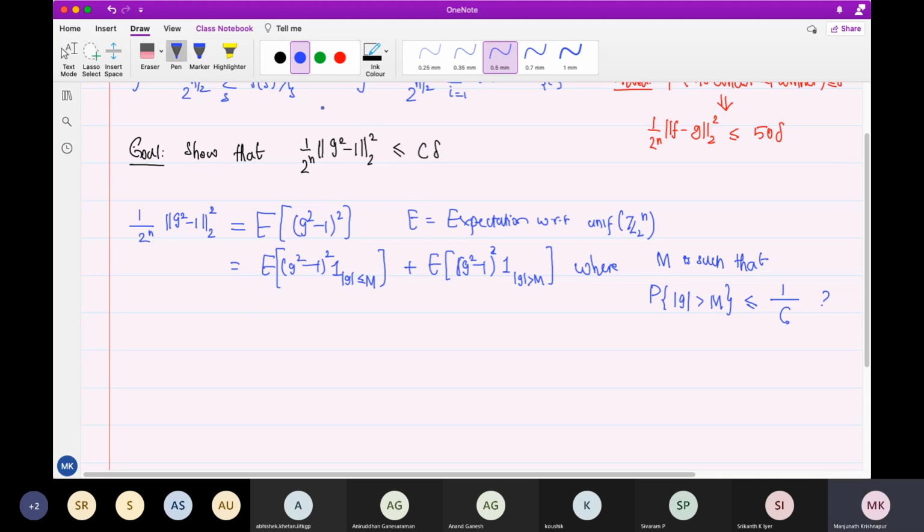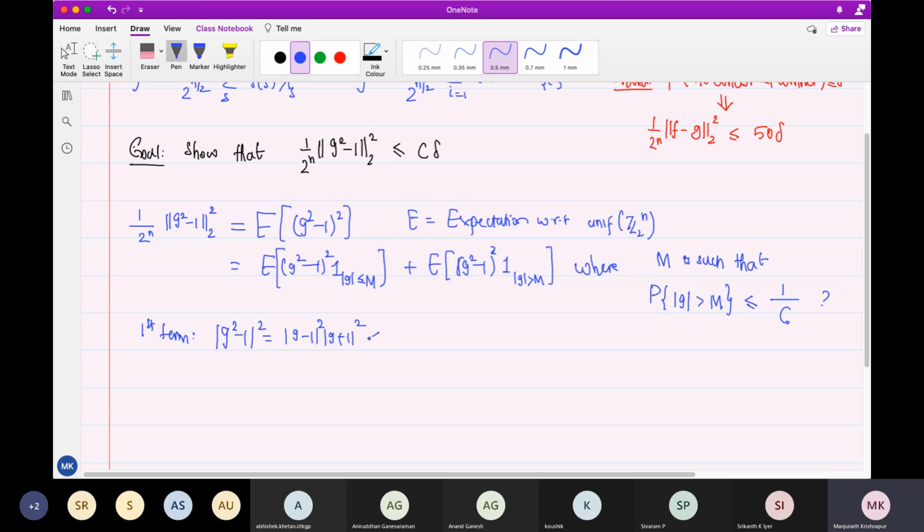Okay, so first of all, this part, the first term. How do we control the first term? We use a similar idea to before. On G square minus 1 whole square, I don't need to go back there, I will just do it again. G minus 1 into G plus 1, right? So we have G minus 1 square into G plus 1 square.